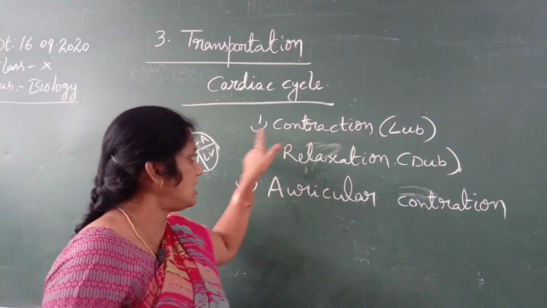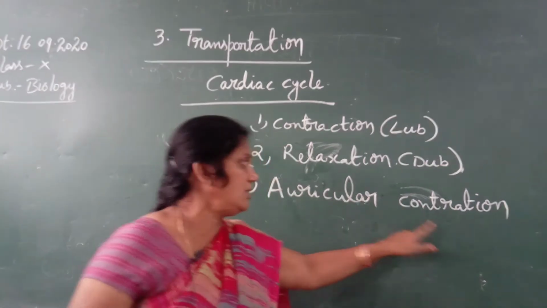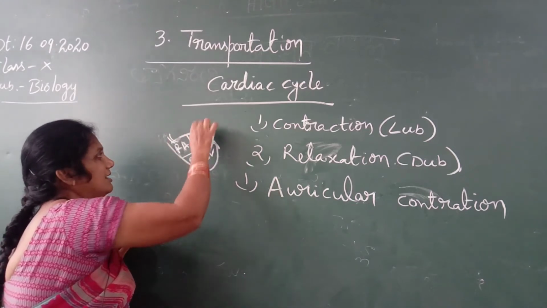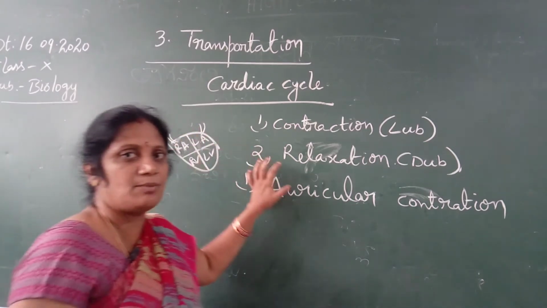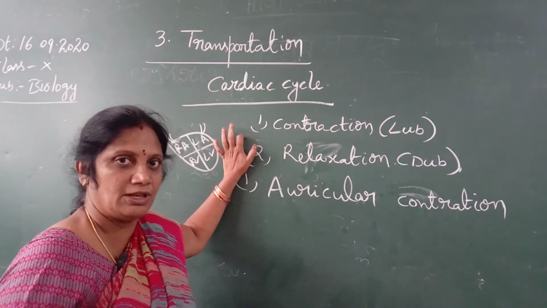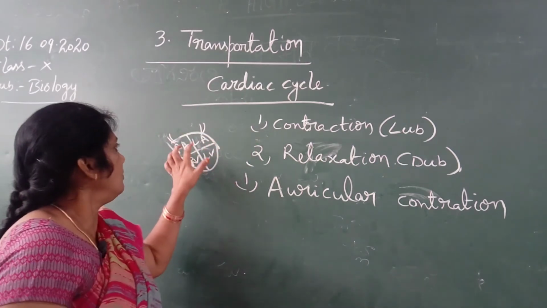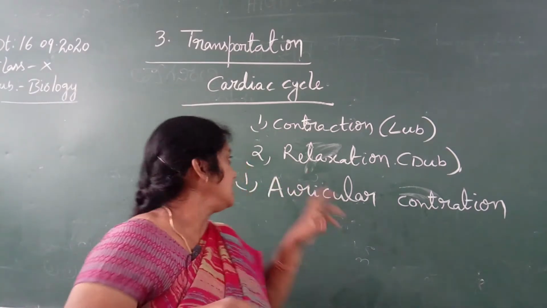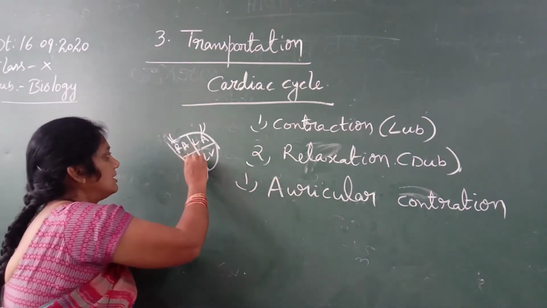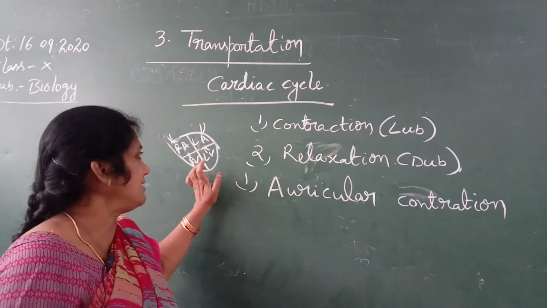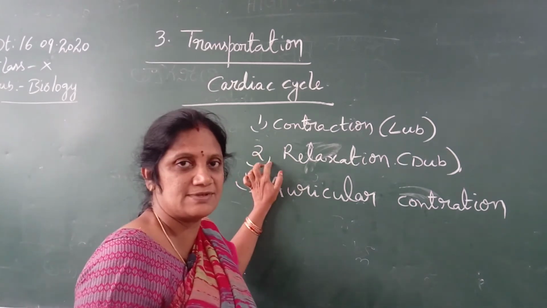In the auricular contraction, both the right and left auricles receive the blood from the vena cava and the pulmonary vein. When these two contract, the blood enters the ventricles through the tricuspid and bicuspid valves.